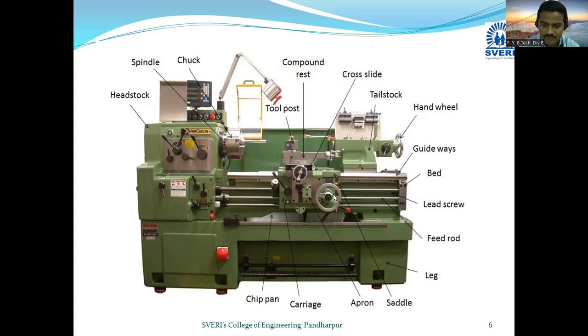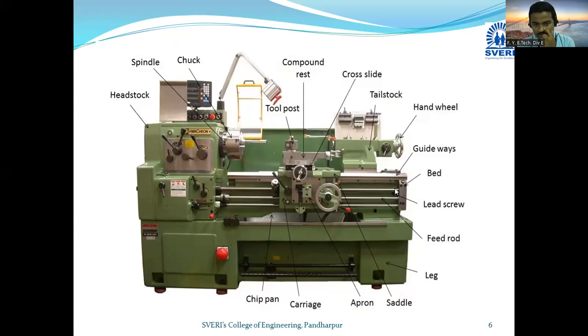Then there is the lead screw. Okay, second part is lead screw. Can you see where the lead screw is? This lead screw has threads on it. It is a shaft driven by the feed drive.